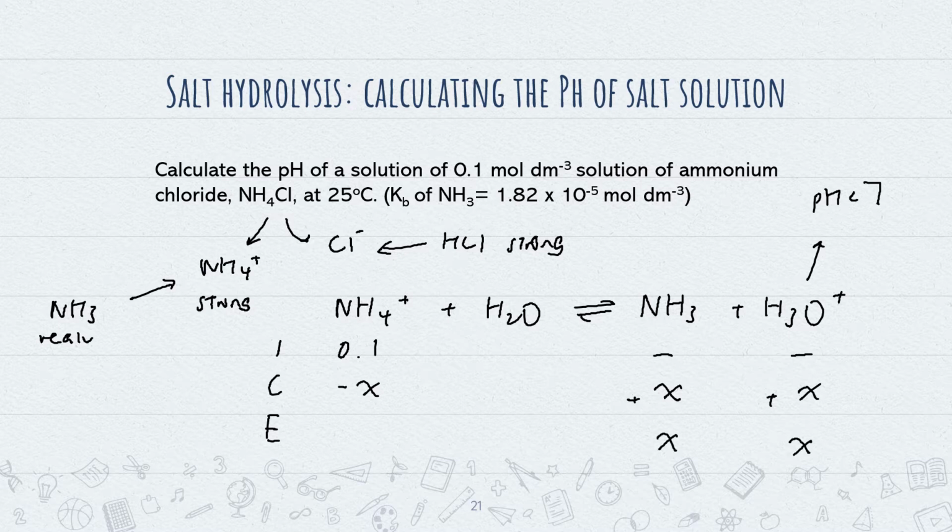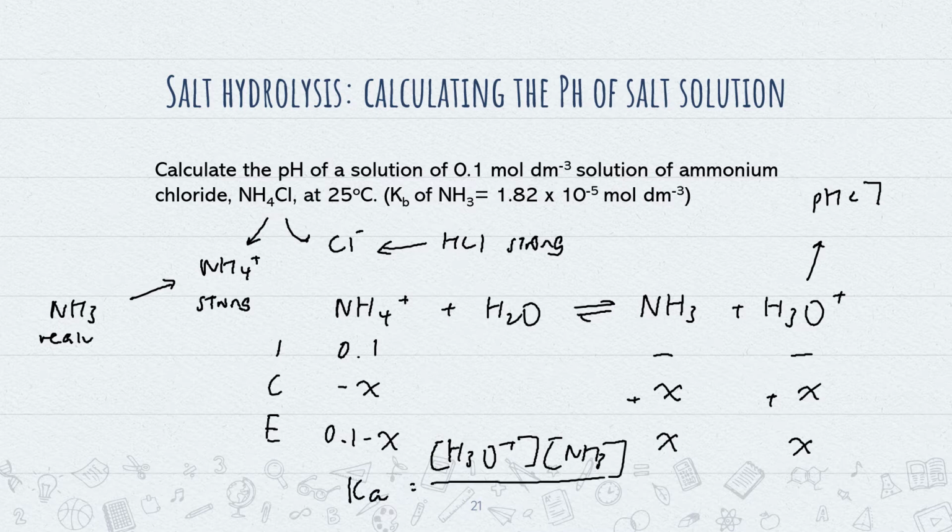So hopefully y'all are already familiar with this ICE table. So what is the equilibrium constant here? Since this is the equilibrium for an acid and its conjugate base, by right it should be a Ka equilibrium constant. If you write it out, it is products divided by reactants.